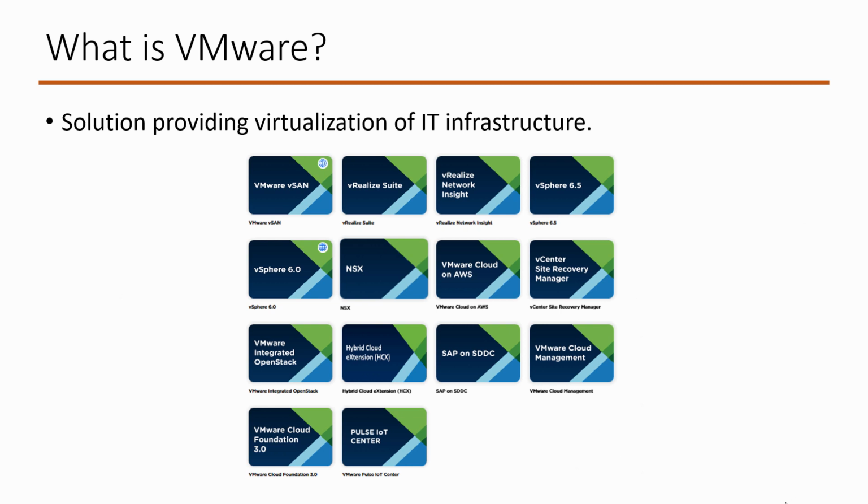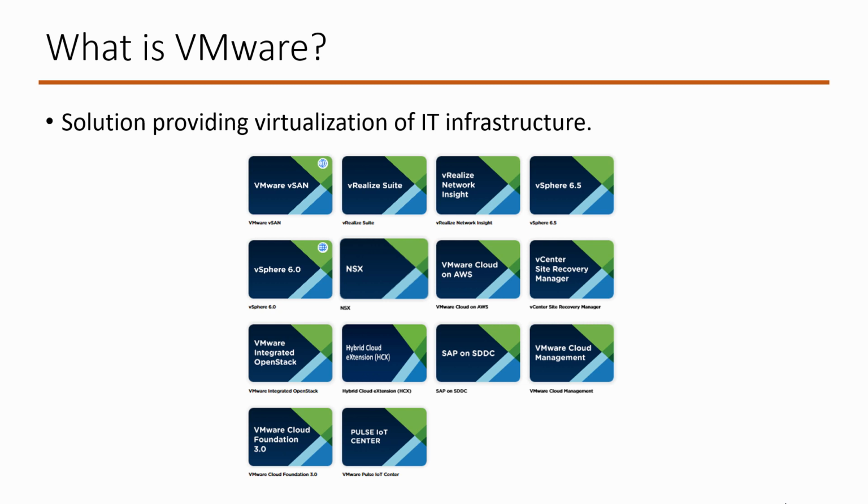So what is VMware? VMware specializes in providing a platform for the virtualization of IT infrastructure. The most common product is the VMware hypervisor, called vSphere today, which enables the virtualization of servers, and that is what we are going to see in the coming videos.